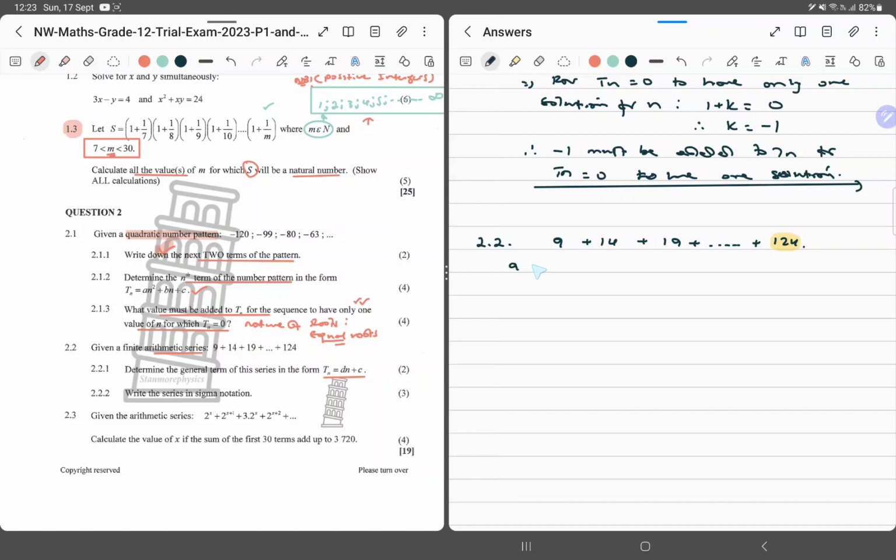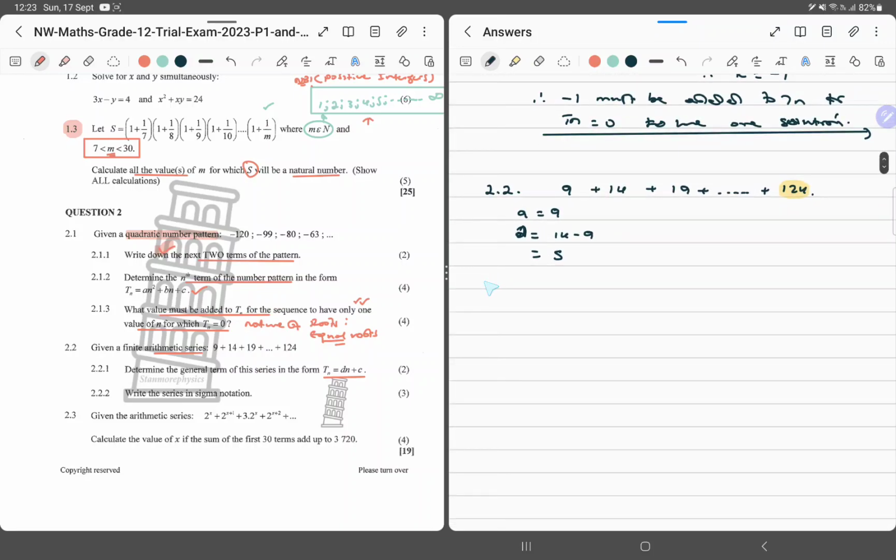So obviously we know that a is equal to 9. The common difference is going to be 14 minus 9. They told us it's an arithmetic sequence, so we don't even need to check others. So 14 minus 9 is 5.